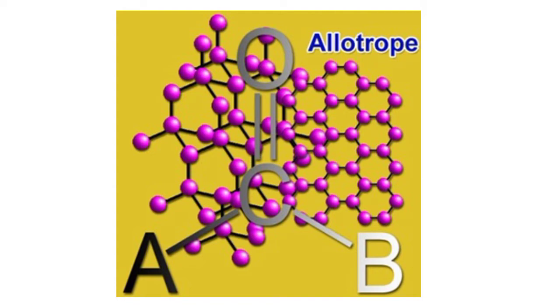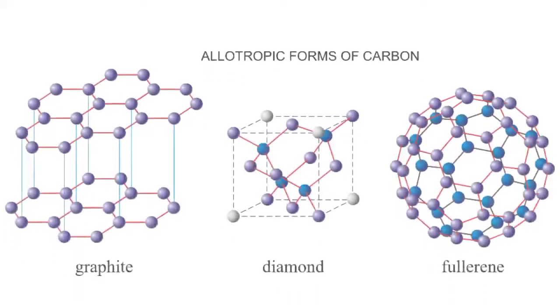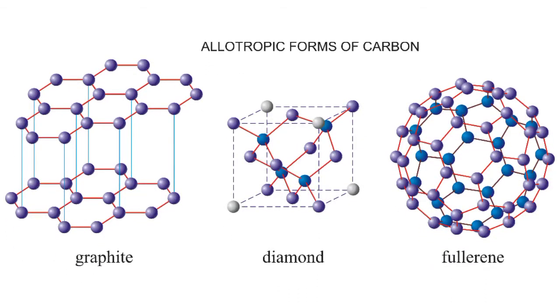The term allotrope refers to one or more forms of a chemical element that occur in the same physical state. For example, graphite and diamond are both allotropes of carbon that occur in the solid state.